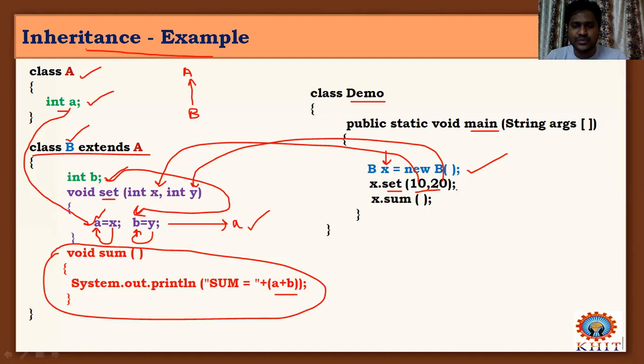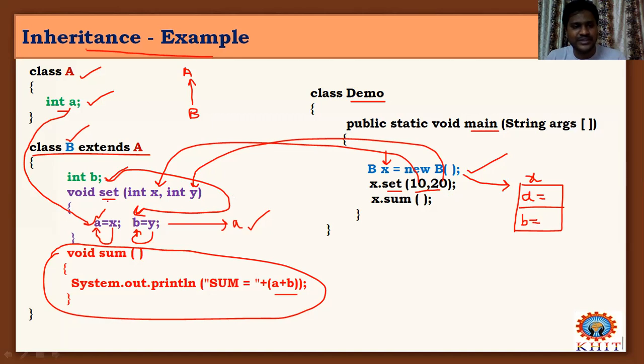Before this, I'm going to give the memory representation of this object. Now X is an object of the subclass, right? The memory allocated for this object includes the instance variables of the superclass A, that is A. So this object of the subclass contains the instance variable of class A, the superclass, and the instance variable of the subclass.